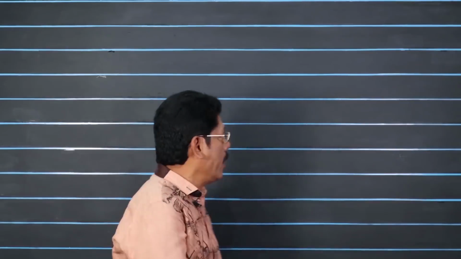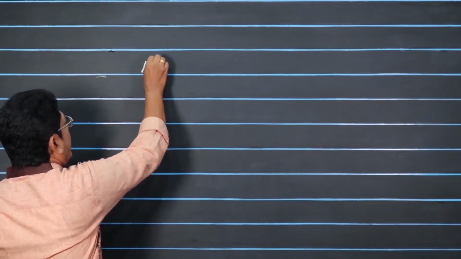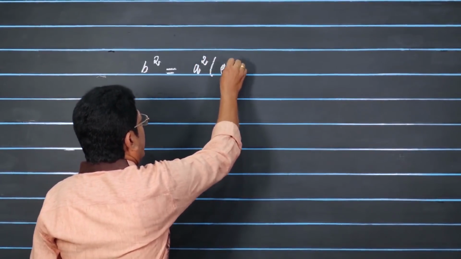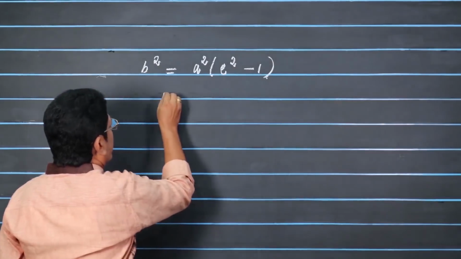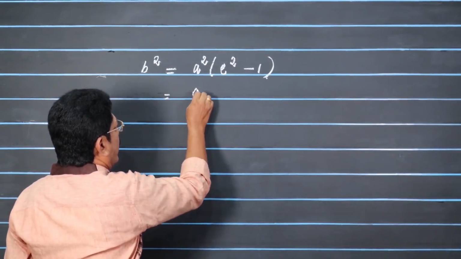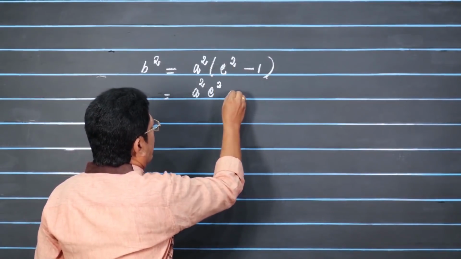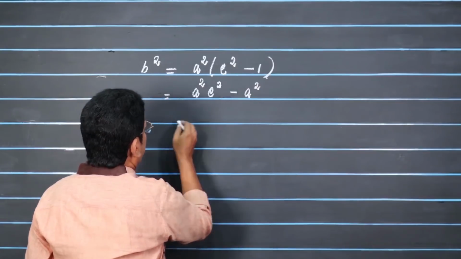In order to calculate the value of B squared, you must know the formula. B squared is equal to A squared into E squared minus 1, whereas for an ellipse, it is b squared is equal to a squared into 1 minus e squared. Now, b squared is equal to a squared into e squared minus 1. A squared into e squared gives a squared e squared. A squared into minus 1 gives minus a squared.